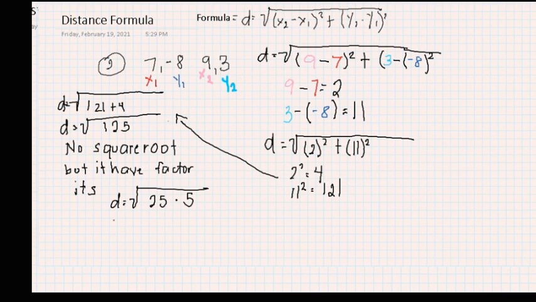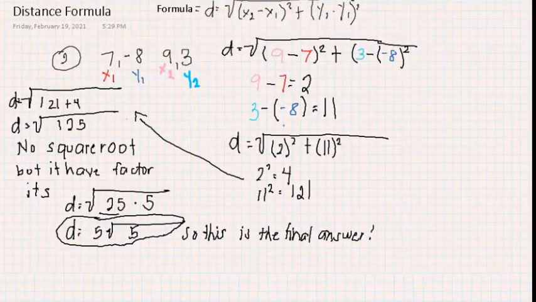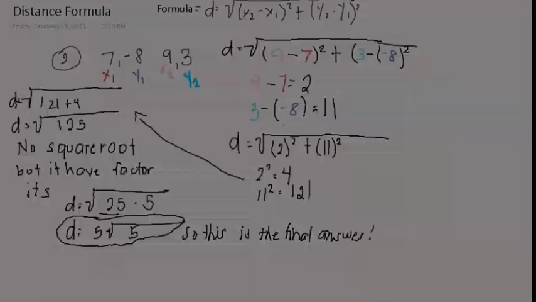Yes, it has no perfect square root, but it has a factor which is 25 times 5. So that is not yet our final answer, because 25 still has a square root which is 5. So it becomes 5 square root of 5. So our final answer is d is equal to 5 square root of 5. So, that's all.